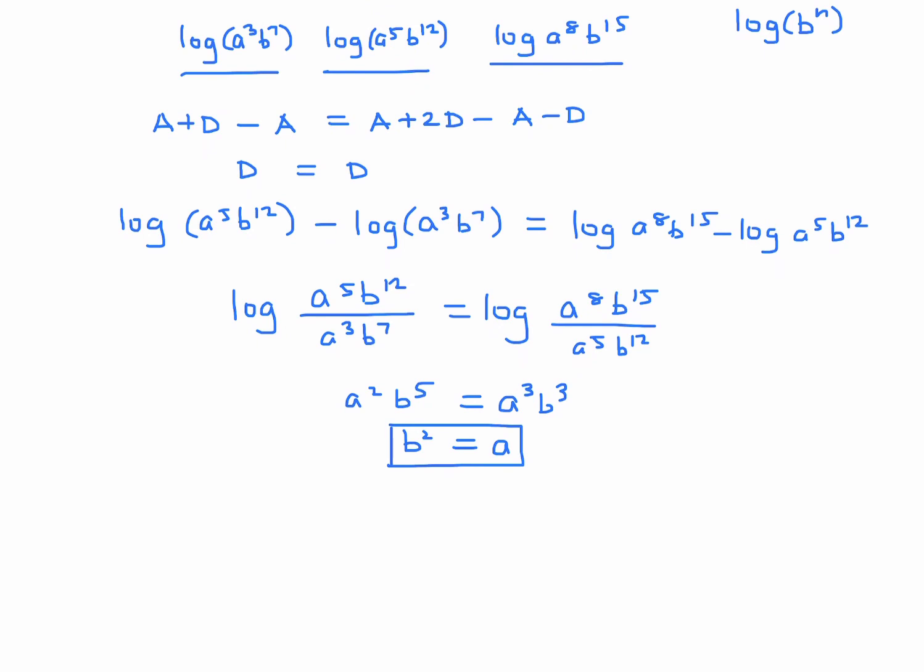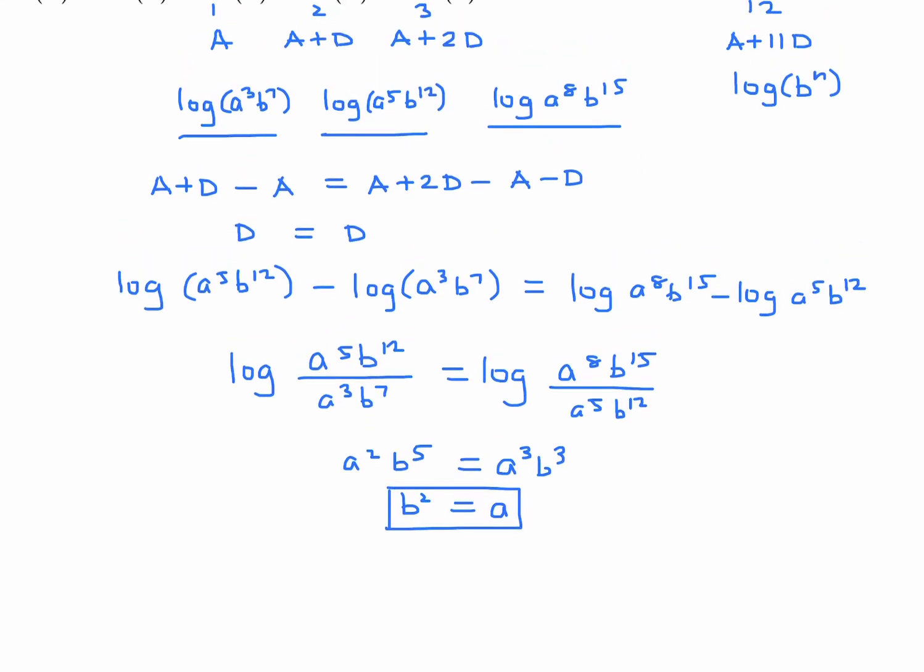So now we have to figure out the 11th term. Okay. How do we figure out the 11th term? Well, the 11th term, or sorry, the 12th term is a plus 11d. And that's why I'm thinking 11, because it's a plus 11d. All right, so a plus 11d is what I have to figure out. And they've told me that is equal to log of b to the power of n.